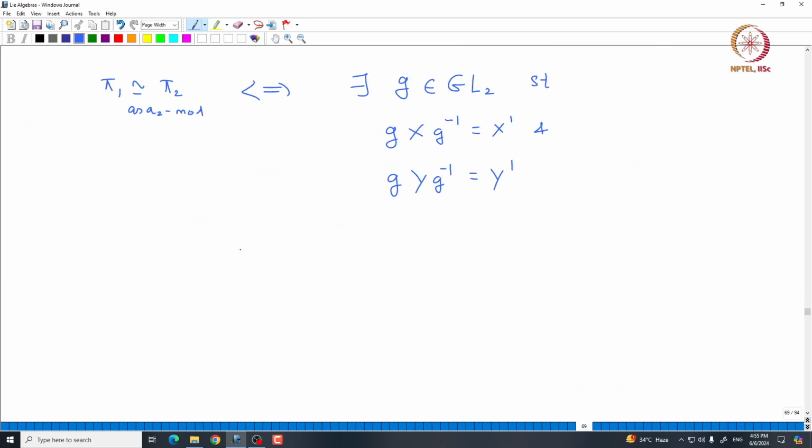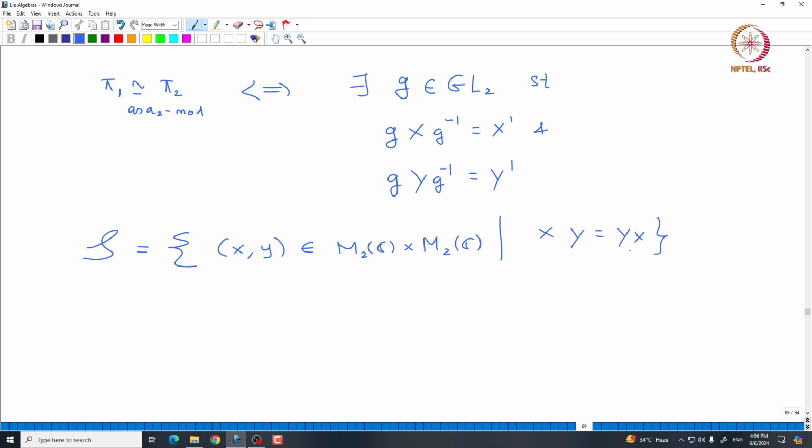Now this means the classification of two dimensional representations of this abelian algebra boils down to the following problem. I can take this set S of pairs of matrices (x, y) coming from M2(C) cross M2(C), such that, first of all, the matrices commute.